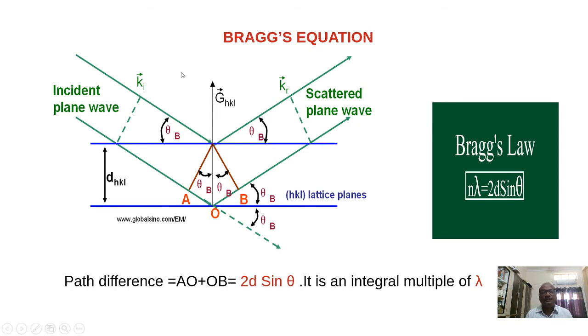We know that Max von Laue's law stated that only X-rays will produce diffraction bands in crystals. Why? Because the wavelength of X-rays is in the order of the interplanar distance existing in the crystal lattice.